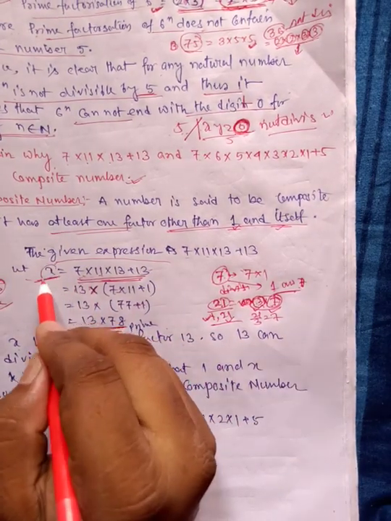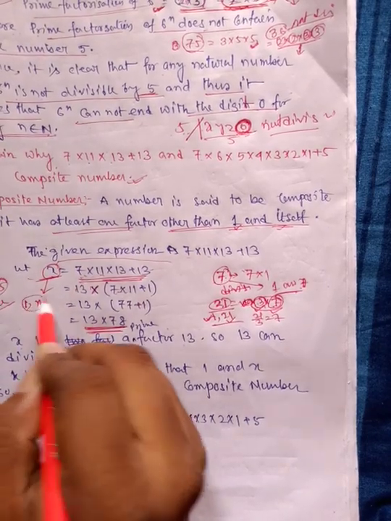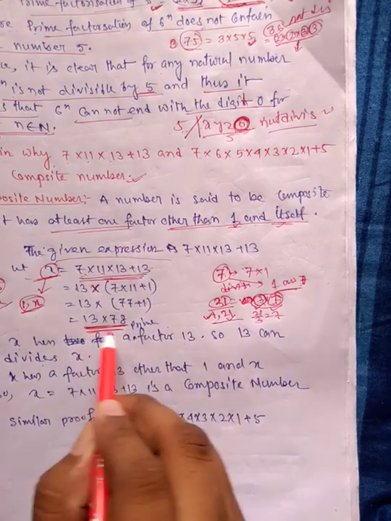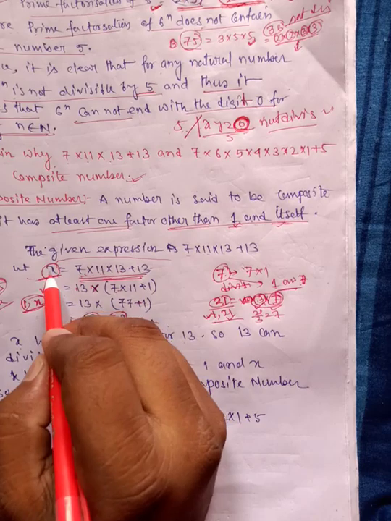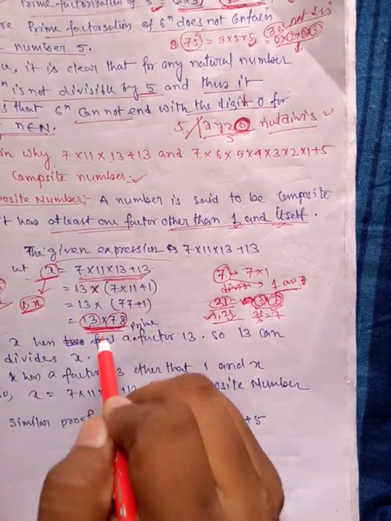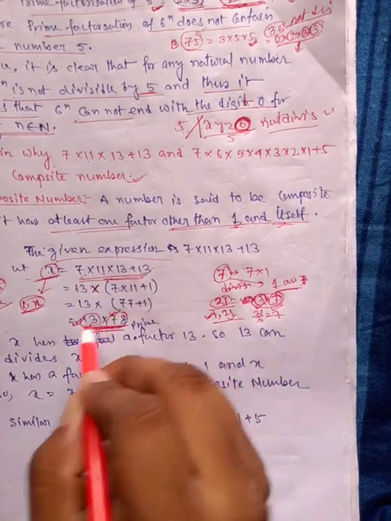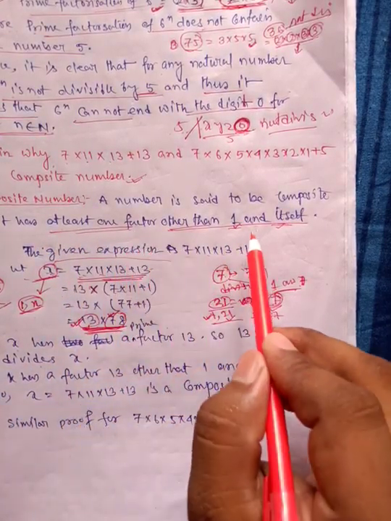So this number x is always divisible by 1 and x, but we got here two other factors, 13 and 78, which can divide x. So we got two other factors. For the definition you have to find at least one more factor other than 1 and itself.